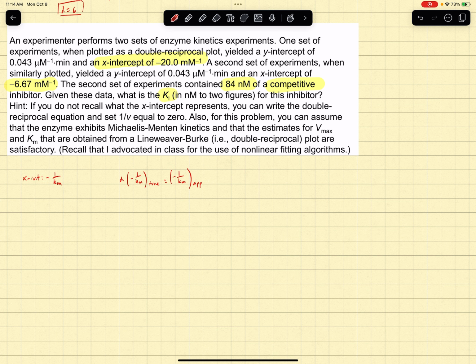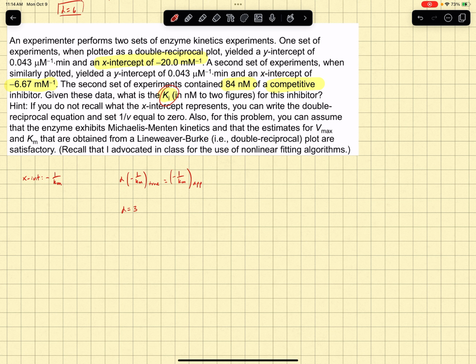If we plug in those numbers, the 20 and the -6.67, we'll end up with alpha equal to 3. I think you get like 2.99 or something that you can round to 3 if you actually do that calculation out. The important thing to remember here is that he wants you to find the Ki.